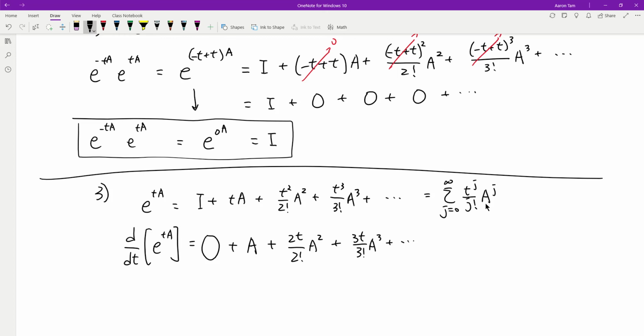Okay? So notice that now what I have is this thing right here. Several things happen. Number one, the 2 would cancel with the 2 factorial. The 3 would cancel with 3 factorial and become 2 factorial. And if there's a next term, maybe I should write out a next term just for you to see.